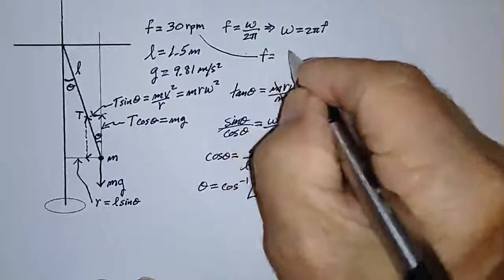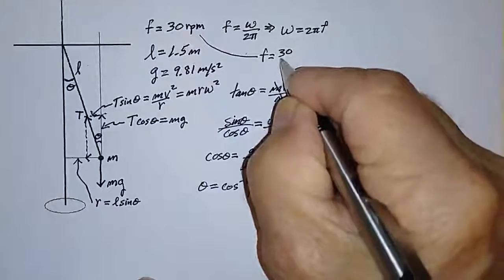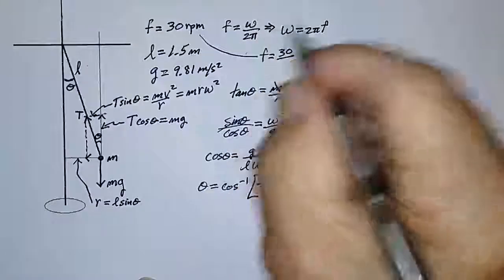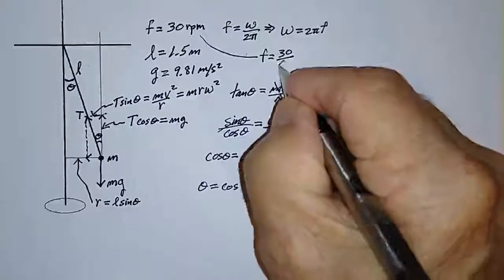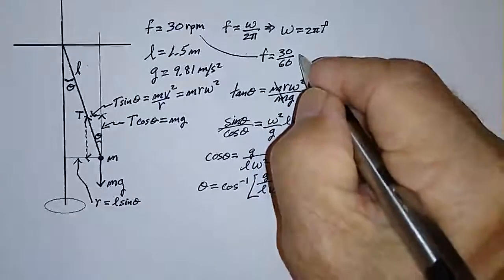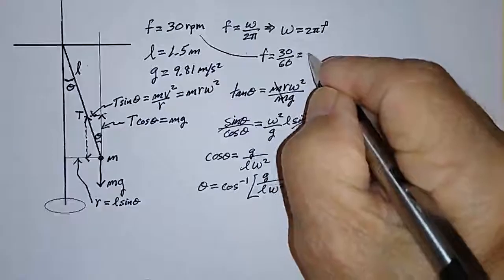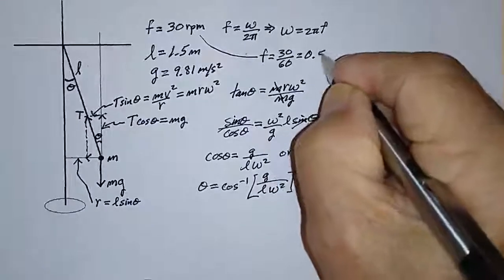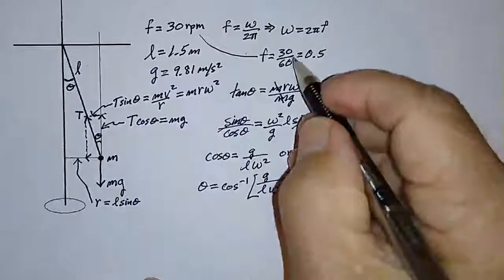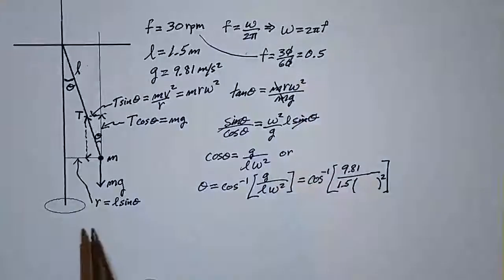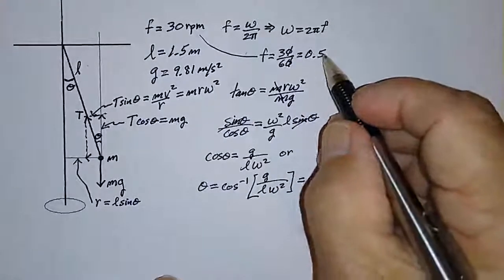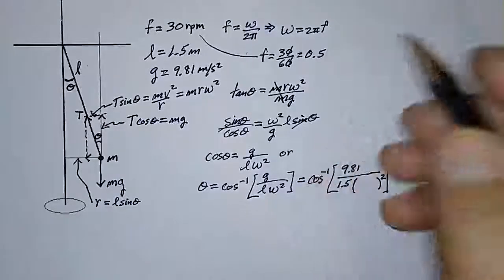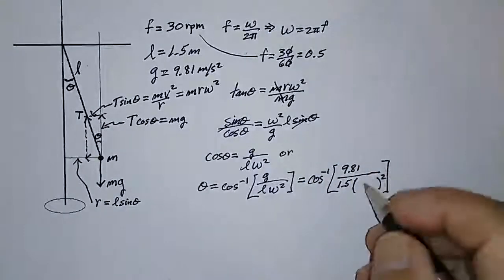So F is equal to 30 cycles or revolutions per minute, and there's 60 seconds in a minute. So this is just equal to 0.5. And that means then that omega is equal to 2 pi times 0.5, or 1/2, or just pi.